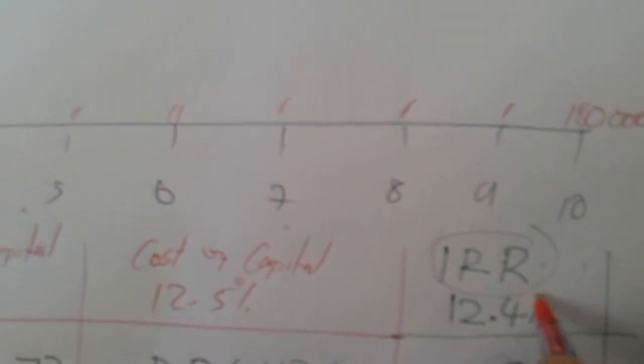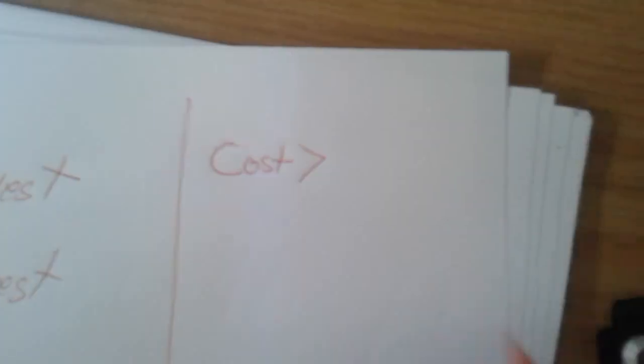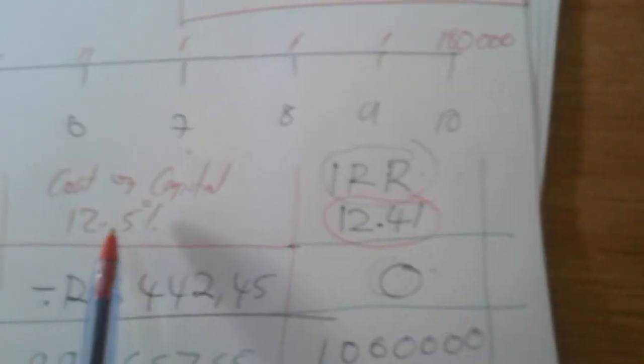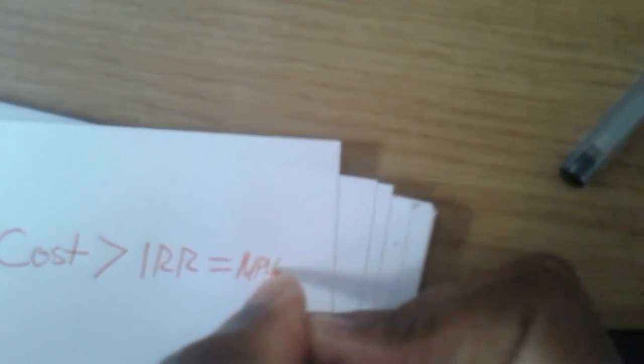So let's conclude something here. Our IRR is 12.41. So can you see that when cost of capital is more than the internal rate of return, like here, 12.5 is more than 12.4, it means NPV will be negative.